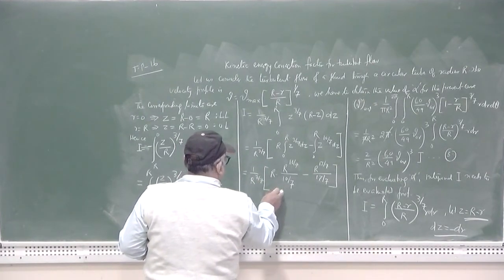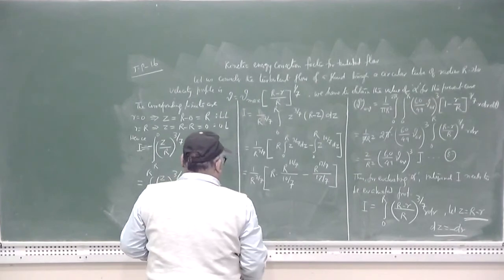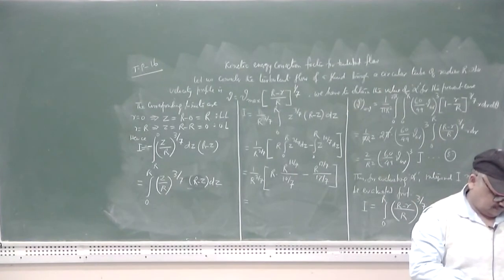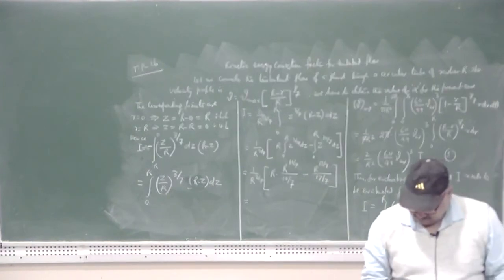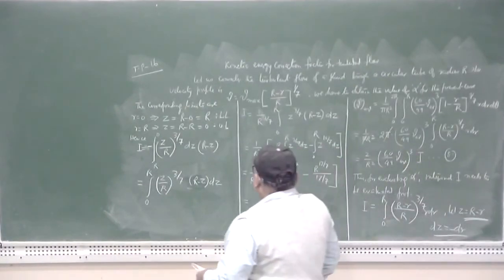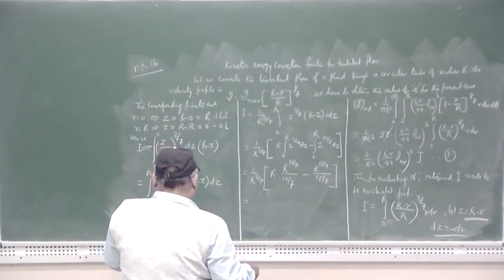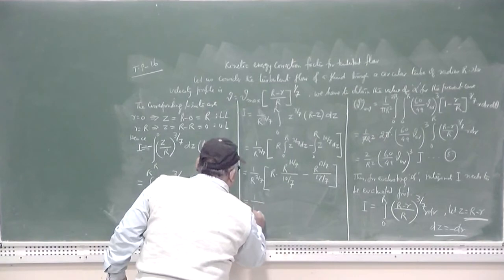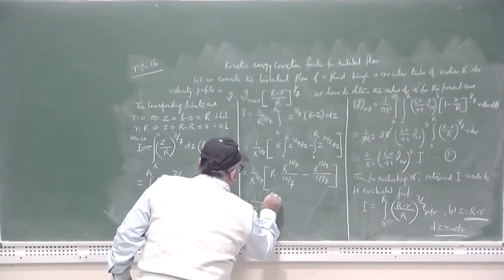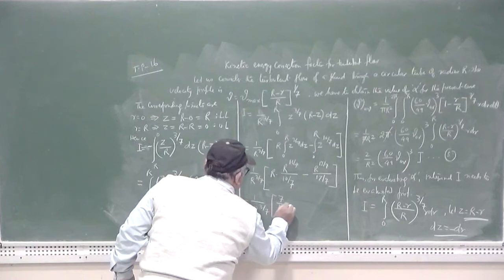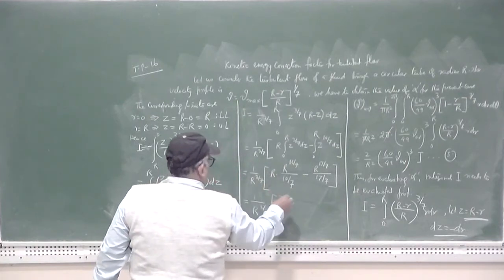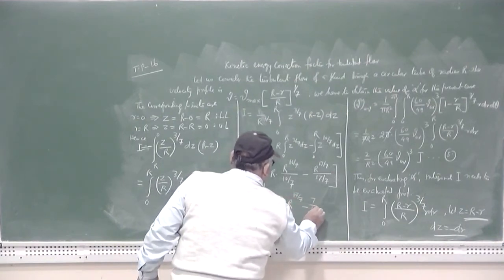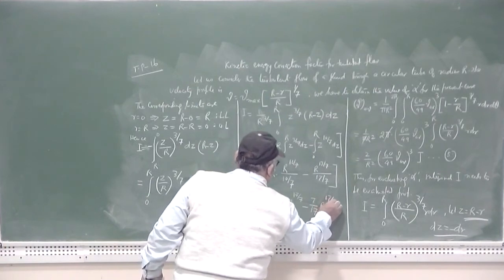That should be equal to 1 by r raised to the power 3 by 7 into 7 by 10 r raised to the power 17 by 7 minus 7 by 17 r raised to the power 17 by 7.